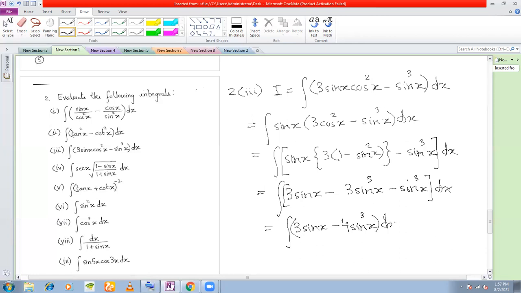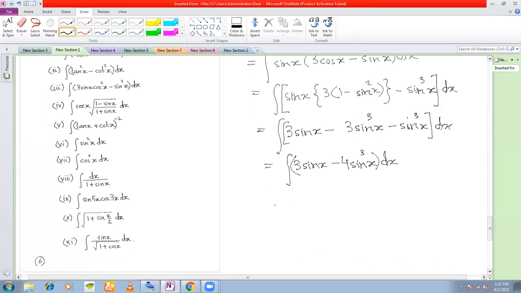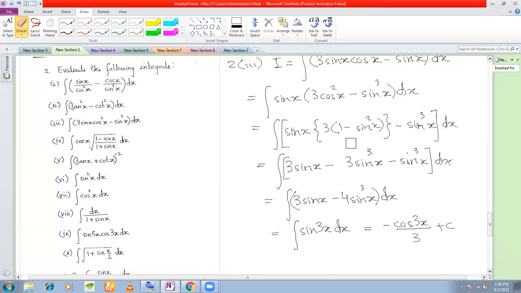Now you know this is the triple angle formula of sine 3x. So you can write this as integral sine 3x dx. And what is the integral of sine? It is minus cos 3x divided by the derivative of 3x plus c. That's your answer. I hope this is clear.